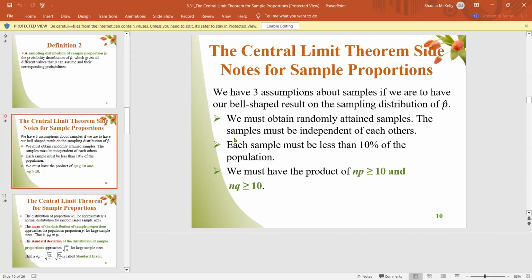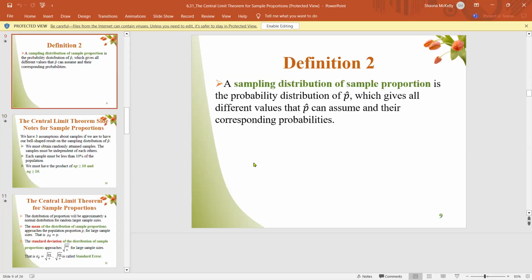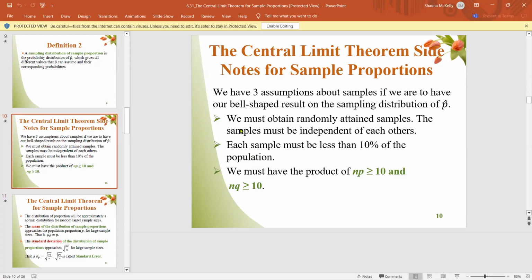So the first assumption is we must obtain randomly obtained samples. This first assumption, you depend on the wording of the problem to tell you. You're not going to know otherwise. So you have to have some sort of wording in the problem that tells you that.